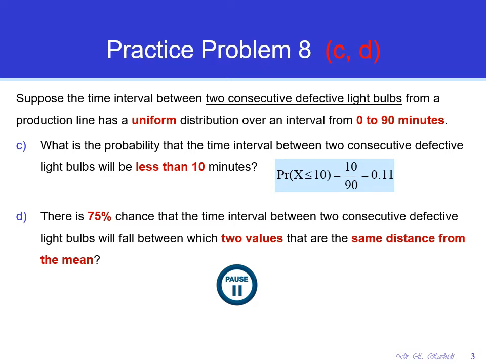So please pause, work on this problem, and then come back to see the solution. All right, let's see the solution. So what we are looking for is x1 and x2. We know the probability is 75%.